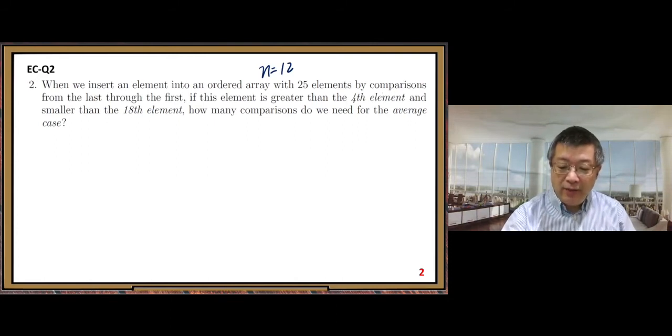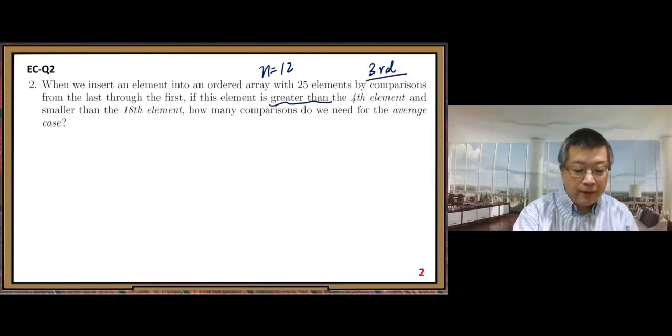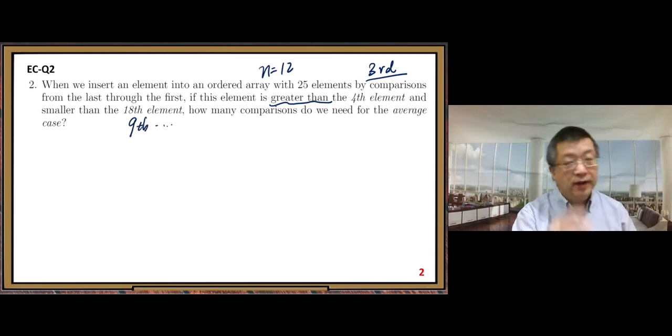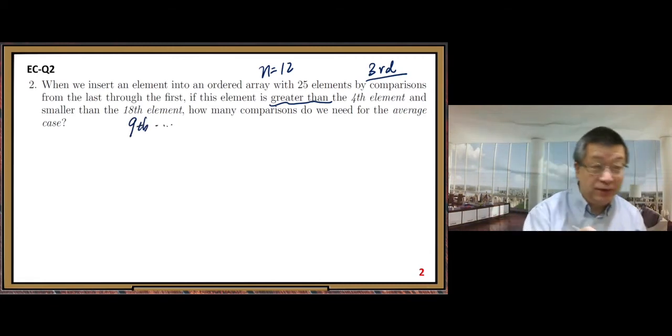Fourth element, how about I do third element, right? Greater than third element. Smaller than, how about I set ninth element, in my example. Yeah, let me do this one.